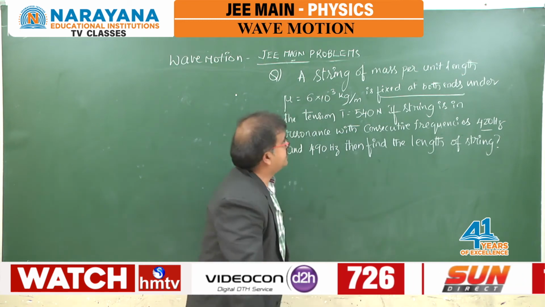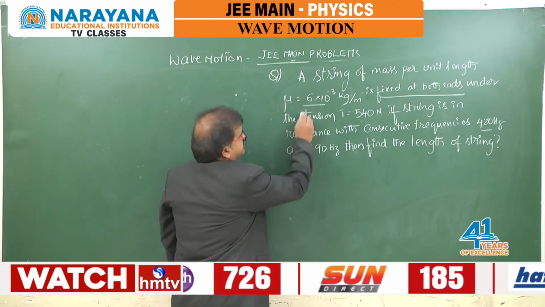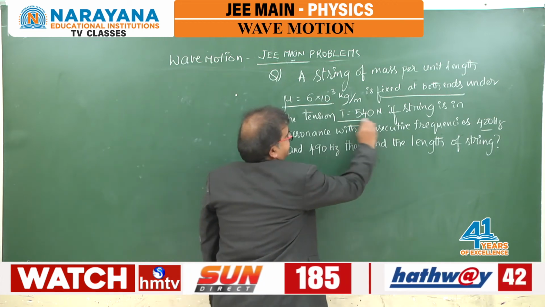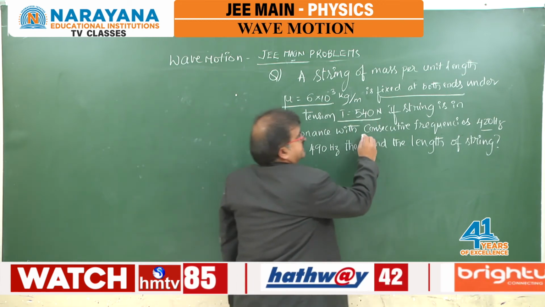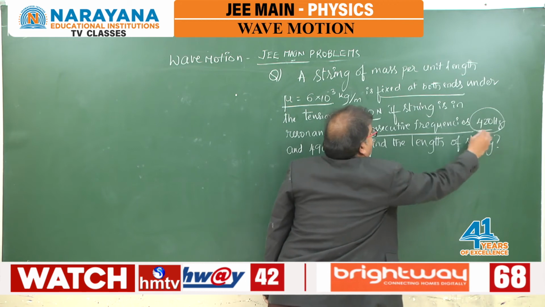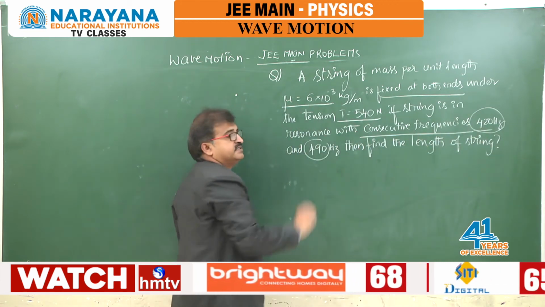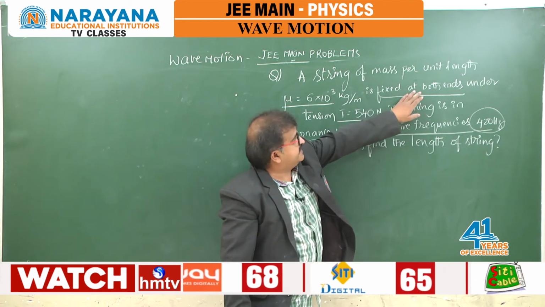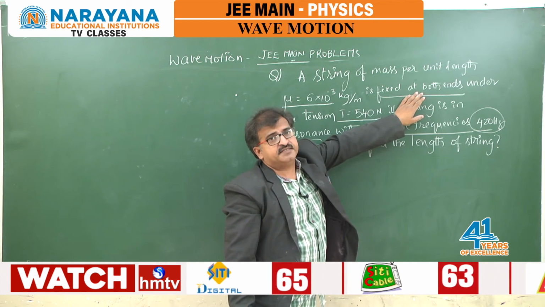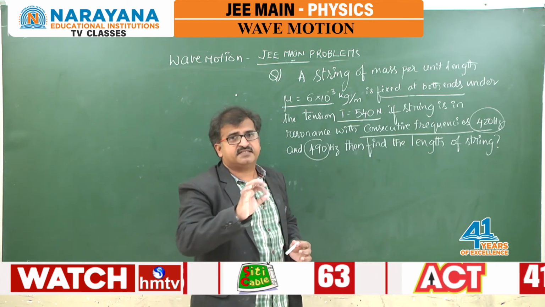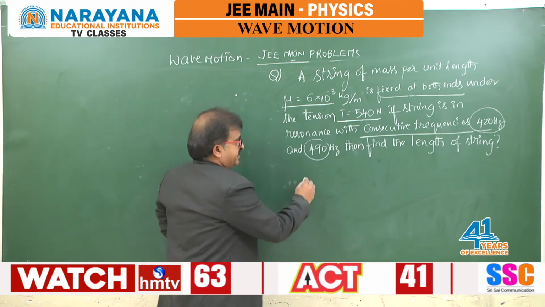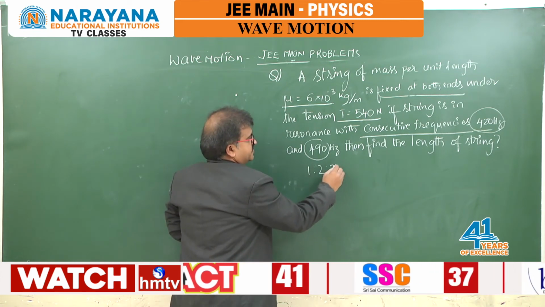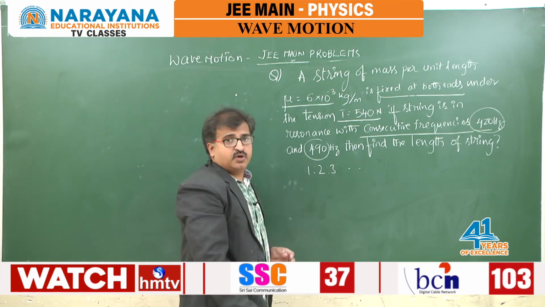That is the question. So here mu is given and tension T is given for us. Consecutive frequencies 420, 490. And since this is fixed at both ends, the frequencies are simply in the ratio of 1:2:3 and so on.